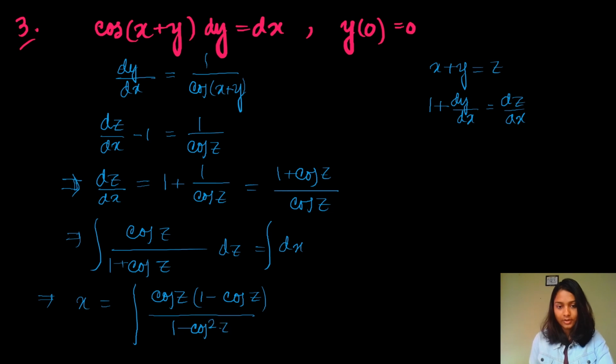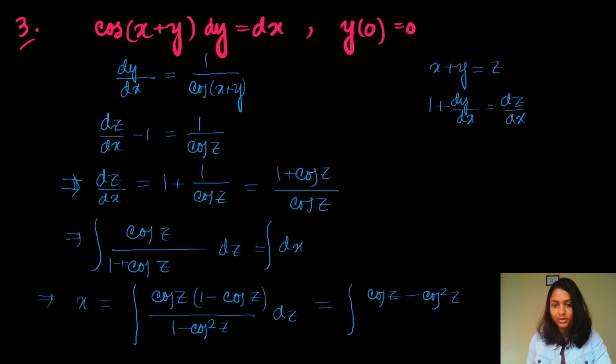There is already a 1 plus cos z term in the denominator, and if we multiply by 1 minus cos z, it will give 1 minus cos square z, and it will become this: cos z minus cos square z in the numerator, and the denominator is sin square z, and there is dz. So let us now go to the next page.